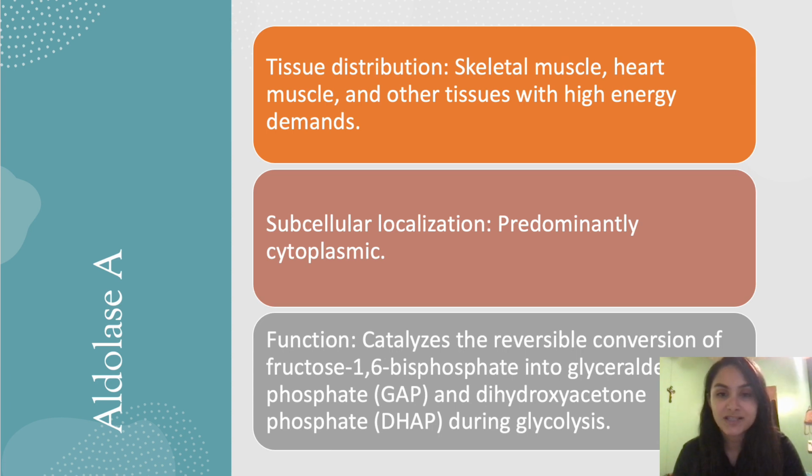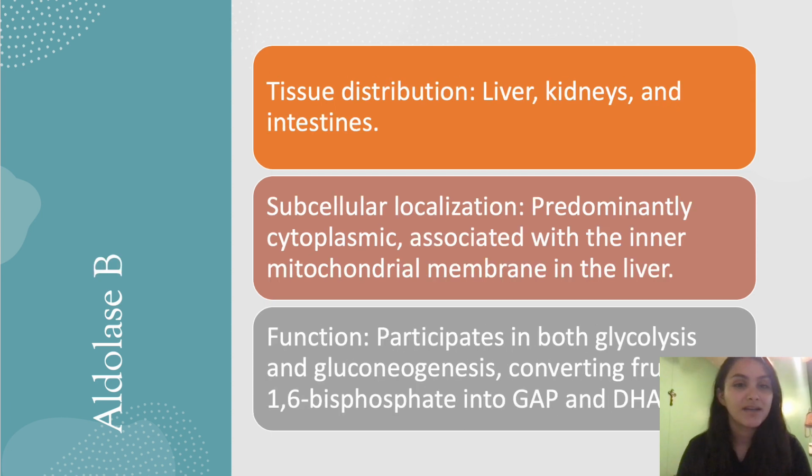Its expression is closely associated with the energy-yielding breakdown of glucose in glycolysis, making it vital for energy production in muscle cells. Aldolase A catalyzes the conversion of fructose 1,6-bisphosphate into GAP and DHAP, facilitating the generation of ATP and other energy-rich molecules.